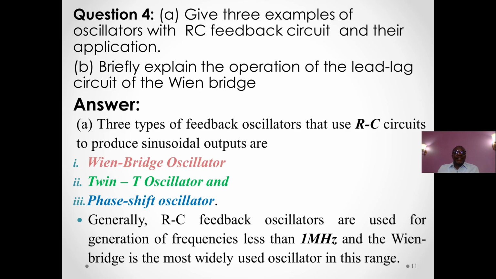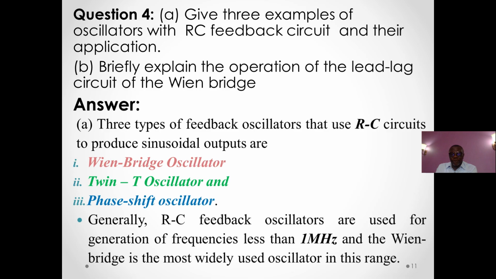We quickly answer that 3 types of feedback oscillators that use RC circuits to produce sinusoidal outputs are the Wien bridge oscillator, the twin-T oscillator, and the phase shift oscillator. The applications include generation of frequencies that are less than 1 megahertz.